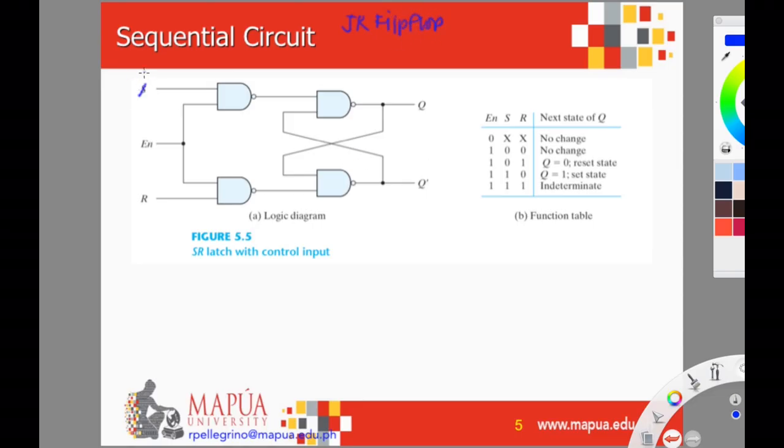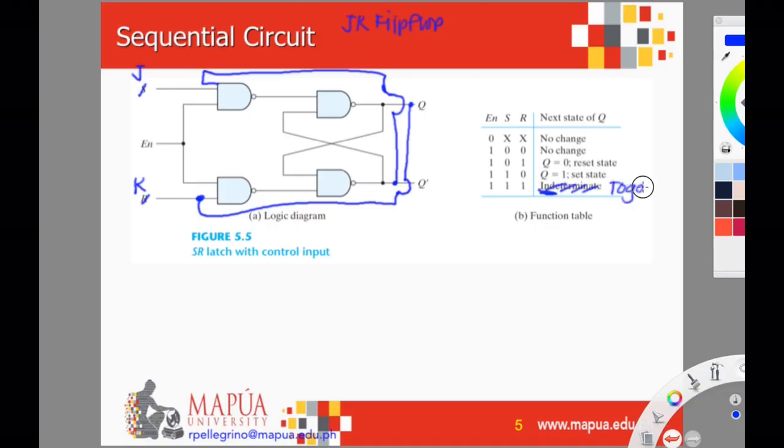So this will serve as your J, and this will serve as your K. However, in this case, to eliminate this indeterminate, this particular input is also ANDed here, and this given input is also ANDed in the K. So this given circuit eliminates that indeterminate. This means it toggles the content.